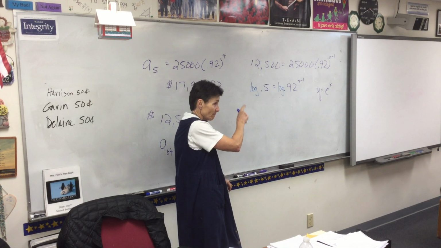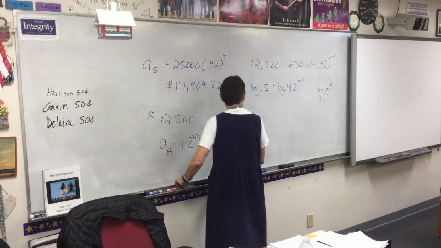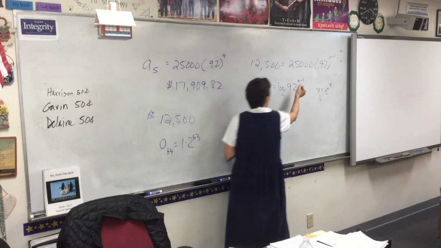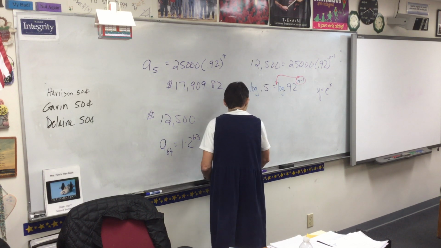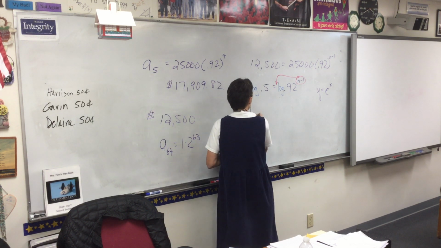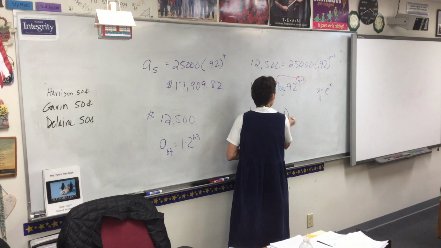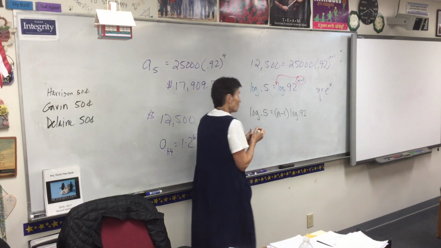Take the logarithm of both sides. The best magical, mystical, wonderful thing is the minute you do that, the exponent comes out in front. So now your equation says log 0.5 equals n minus 1 times log 0.92.